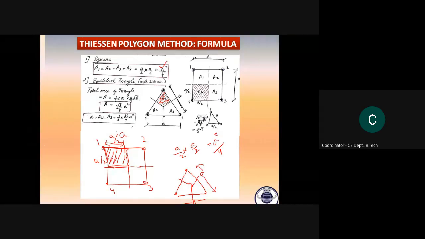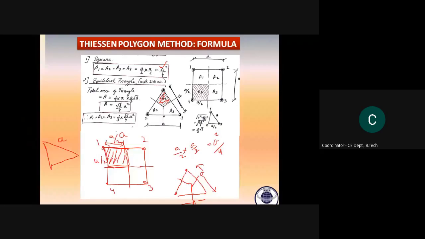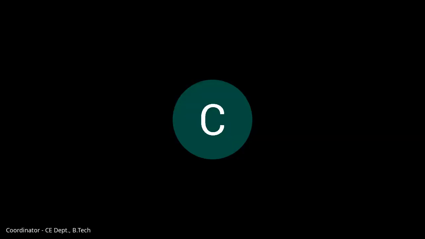If we draw a line like this, this side is A, and this side, the base, is A by 2. For this right triangle, the base is A by 2 and the hypotenuse is A. Now what is the height value then?